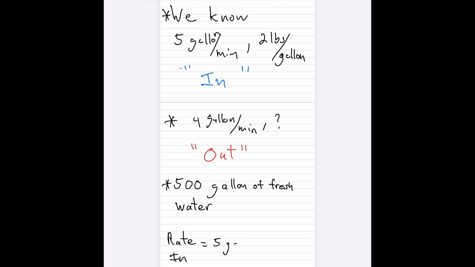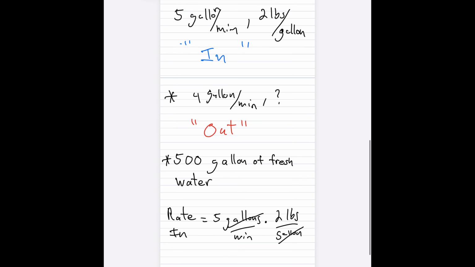I'm going to use dimensional analysis here. We know that 5 gallons per minute come in, and if you multiply by 2 pounds per gallon, notice how the gallons units cancel out. You just have pounds per minute, and it's 10 pounds per minute. Everyone's got their own way of doing that part.